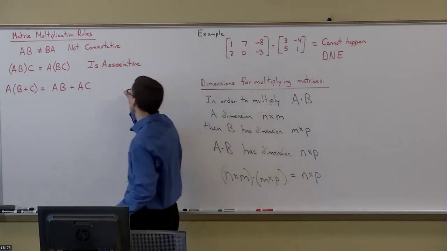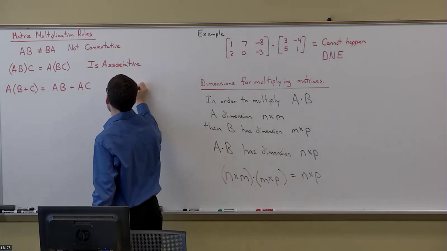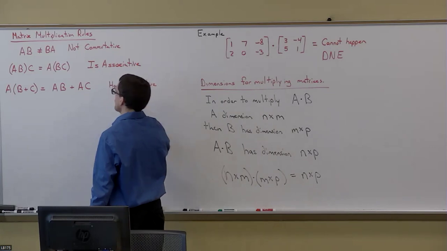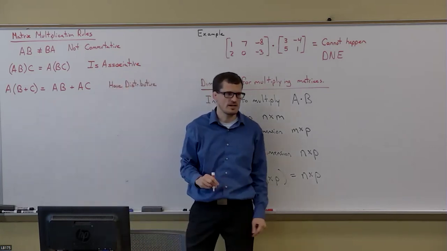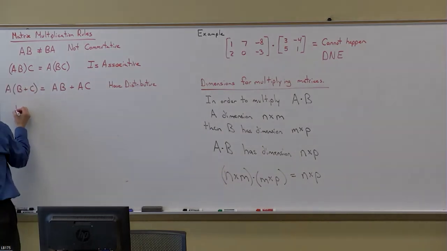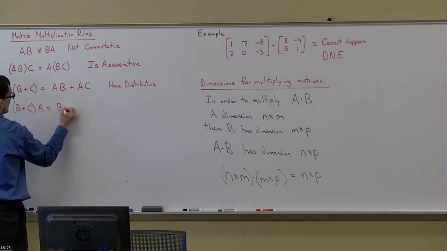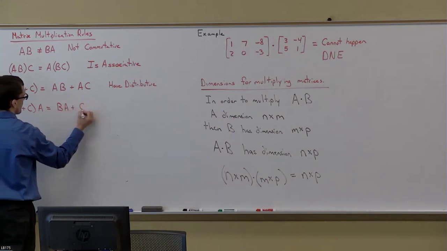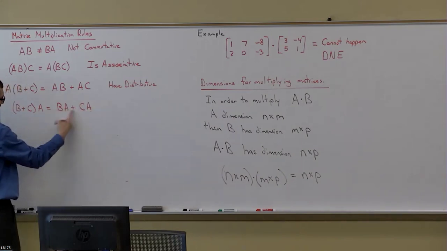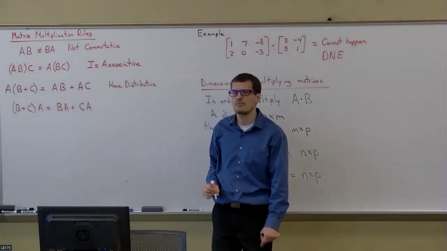Okay, so we have the distributive property from the left. We also have it from the right too. If you go B plus C times A, you can do BA plus CA, but you have to make sure that the A stays on the right, okay, on both multiplications.